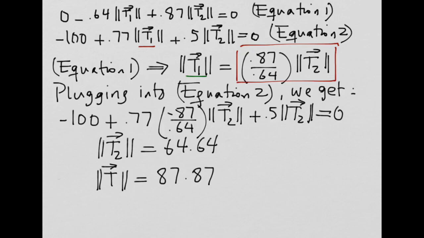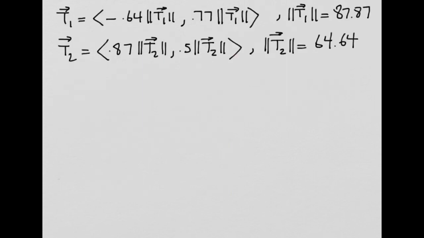We also found that the magnitude of T1 is 87.87 and the magnitude of T2 is 64.64. So I summarized all of this information right here.